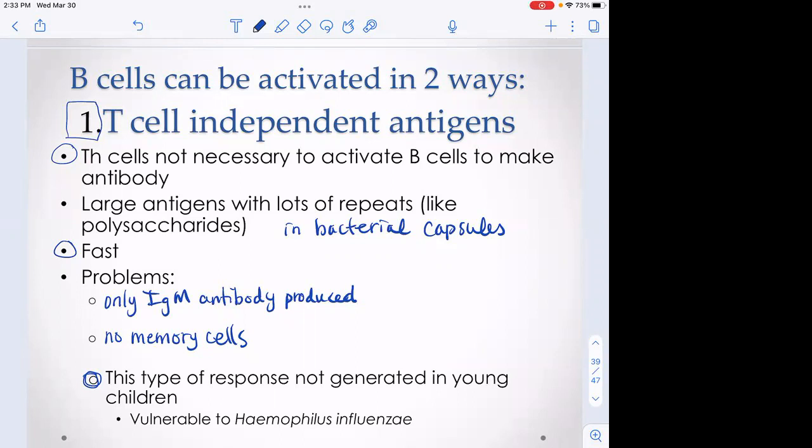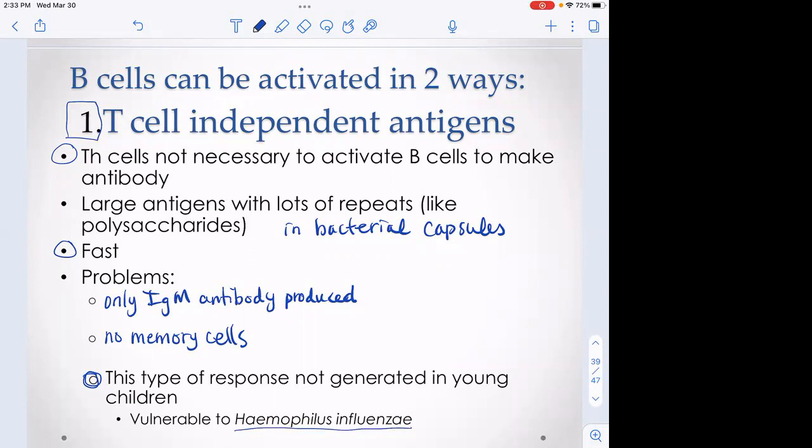So T cell independent antigens can act, but young children are a lot more susceptible to them. They cause infections in young children that as adults we wouldn't get. We're going to mention a couple of these later on when we talk about specific pathogens, but one of them is Haemophilus influenzae.